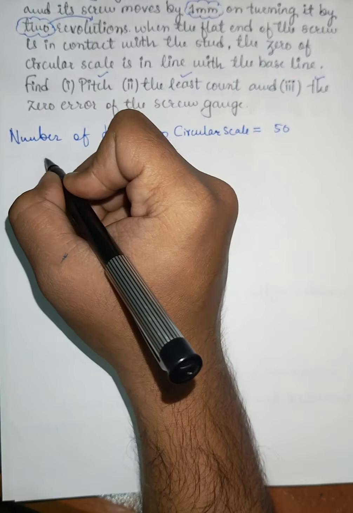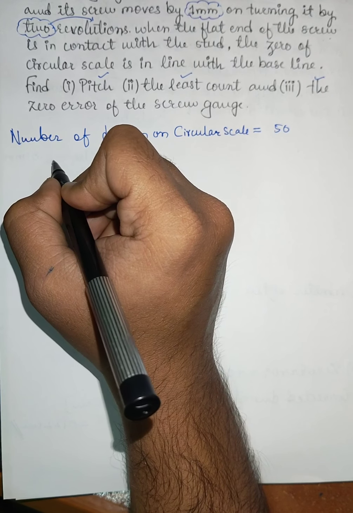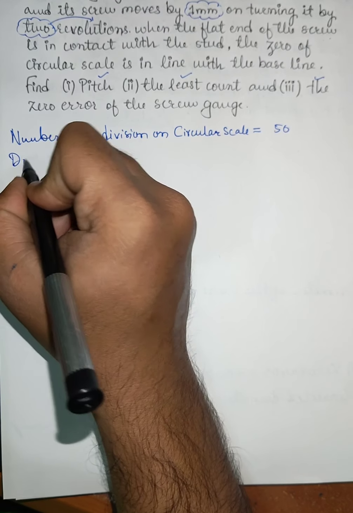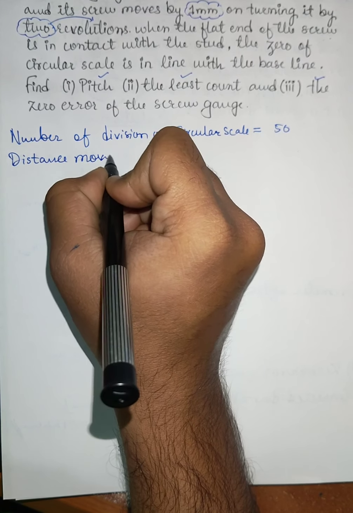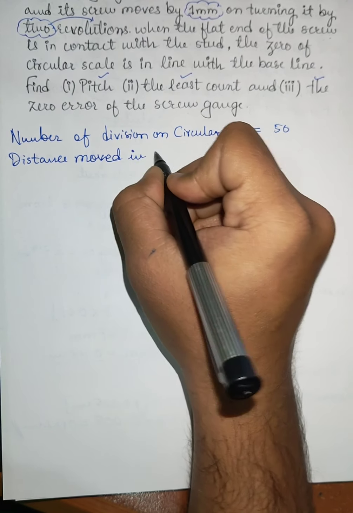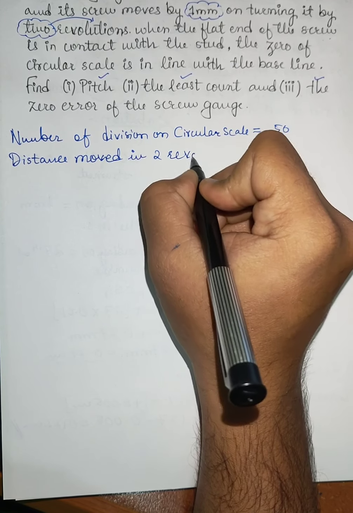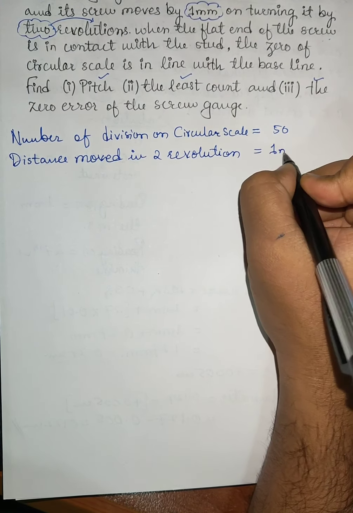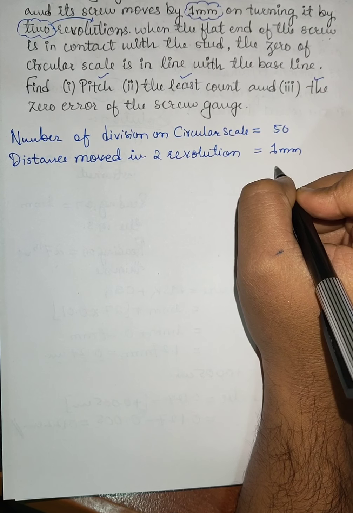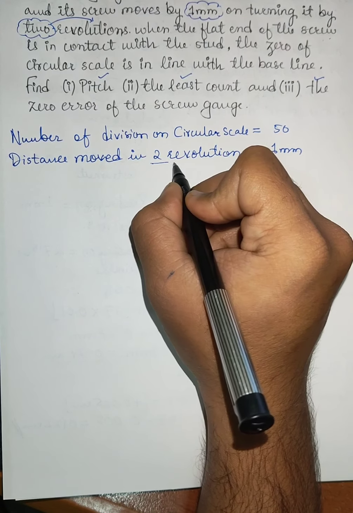It is given already. Then the distance moved in 2 revolutions is 1 mm, but we are not interested in 2 revolutions to find the pitch.